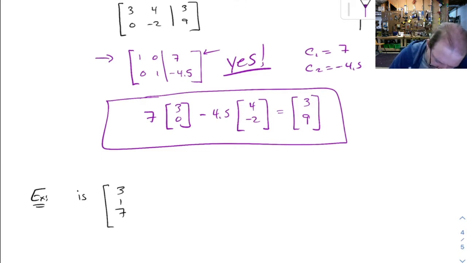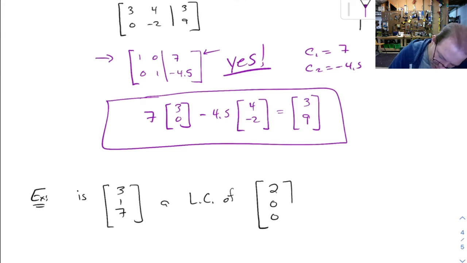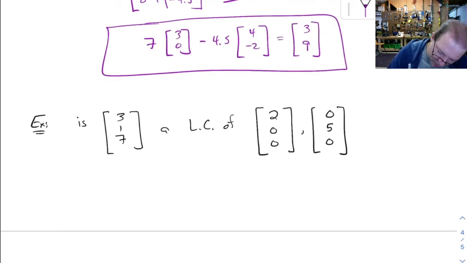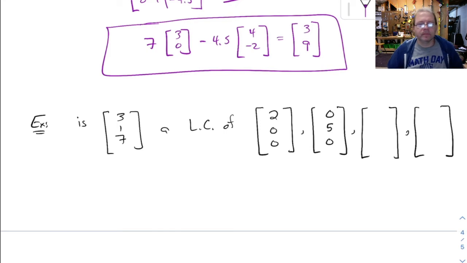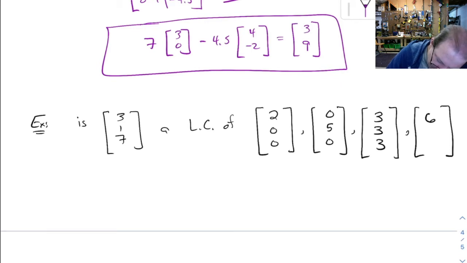Is (3, 1, 7) a linear combination of, and I'm going to pick these deliberately, (2, 0, 0), (0, 5, 0), and I'm going to put two more on here, (3, 3, 3) and then (6, -1, 2)?